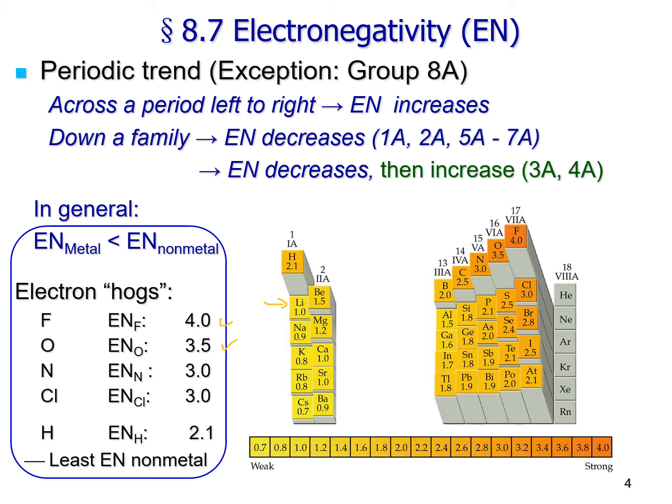Which one's second? And the last, hydrogen. We label hydrogen as the least electronegative non-metal in Chem 1 course, so that we understand that hydrogen will behave quite differently when it bonds with non-metal and when it bonds with the metal.